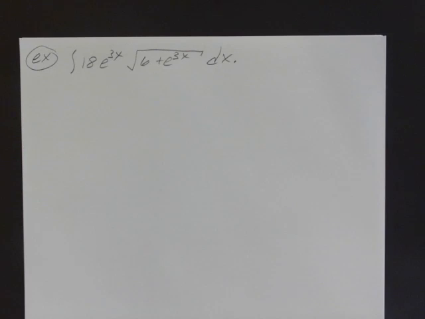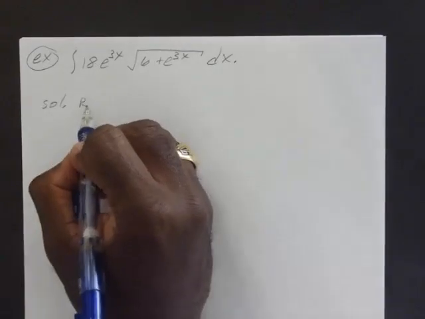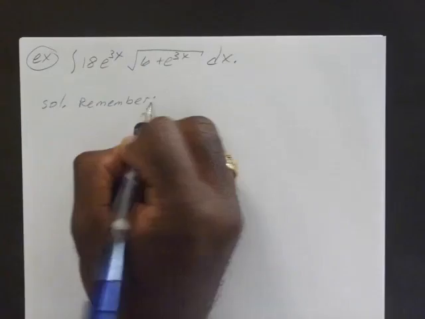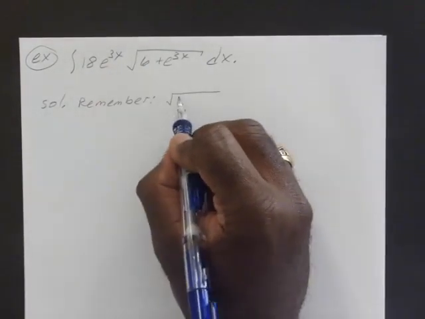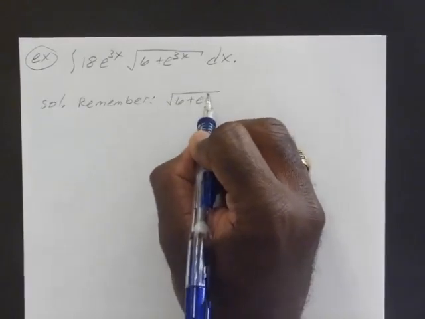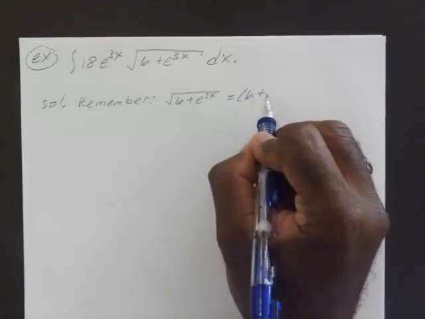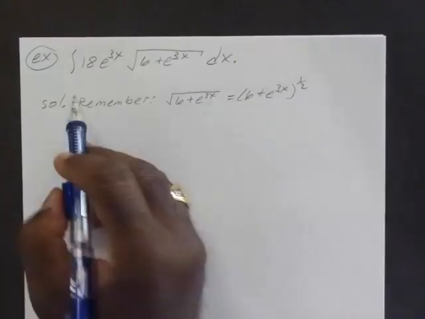Okay, so again, most root functions, the first thing I would always try is just to rewrite it in exponential form. So the square root of 6 plus e to the power of 3x, we can rewrite that as 6 plus e to the power of 3x to the 1/2 power.